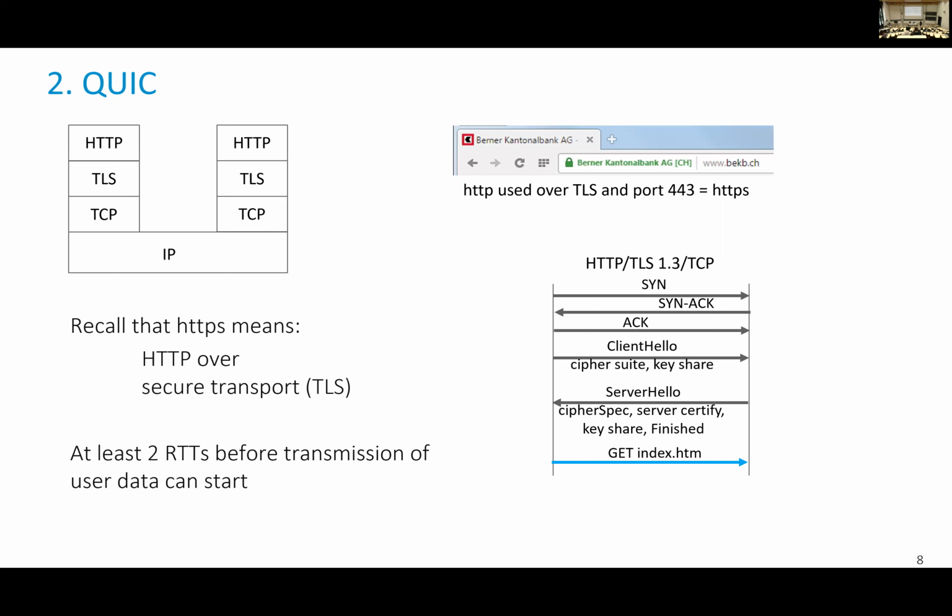If anything is lost, then we are blocked by the first thing that is lost, and sometimes it's not a good idea. The other thing, perhaps more important in the motivation of the QUIC designers, was security. We can today use HTTP without TLS. We can use HTTP over TCP.